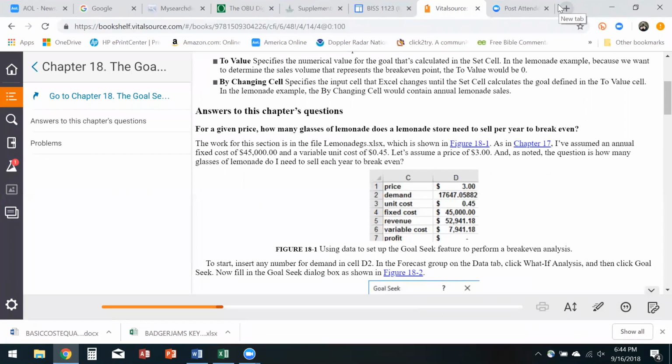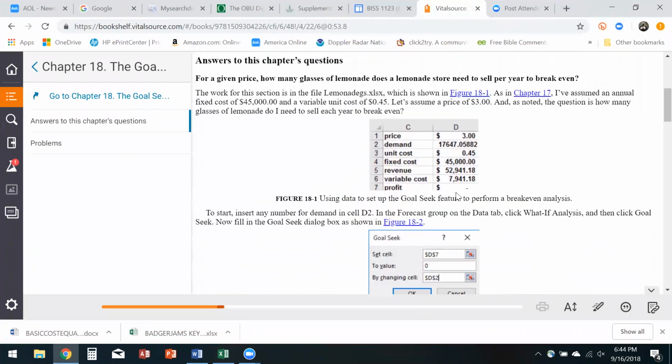They want to know how many glasses of lemonade. Yeah, they want the break-even units for lemonade. And so they have in here in figure 18.1, and then in figure 18.2 they show us the goal seek.